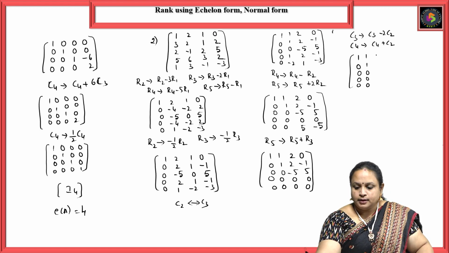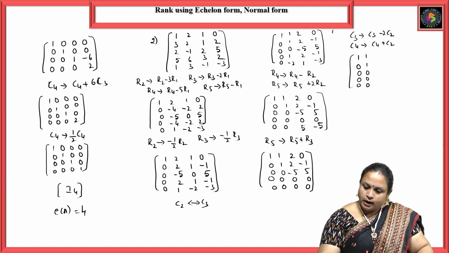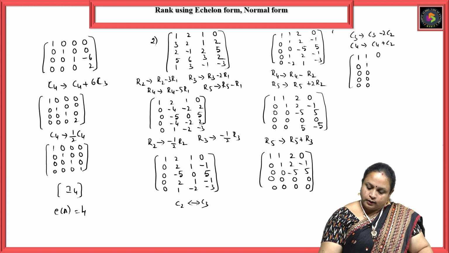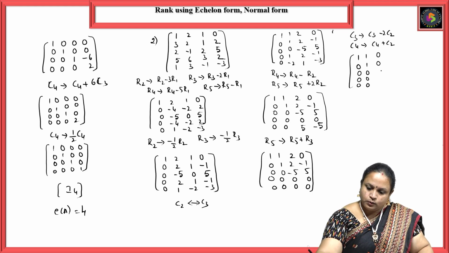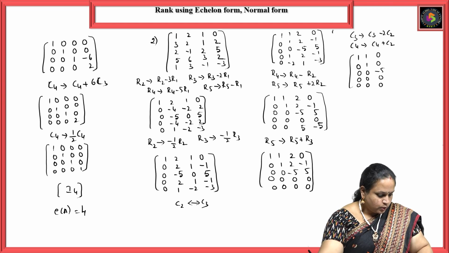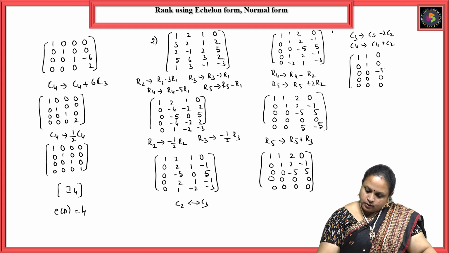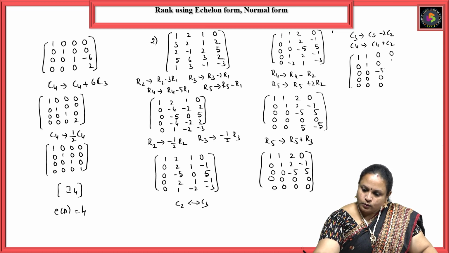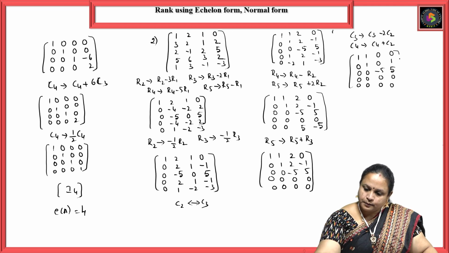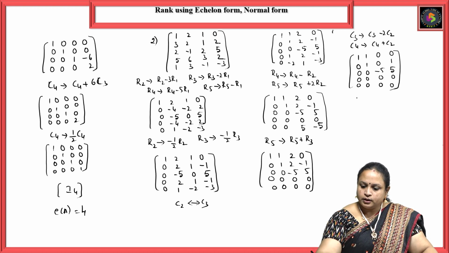Then C3 minus 2 C2, so it will become 2 minus 2, 0. Then 2 minus 2, 0. Then minus 5, 0, 0. Then C4 plus C2 gives 0, 1, 5, 0, 0.